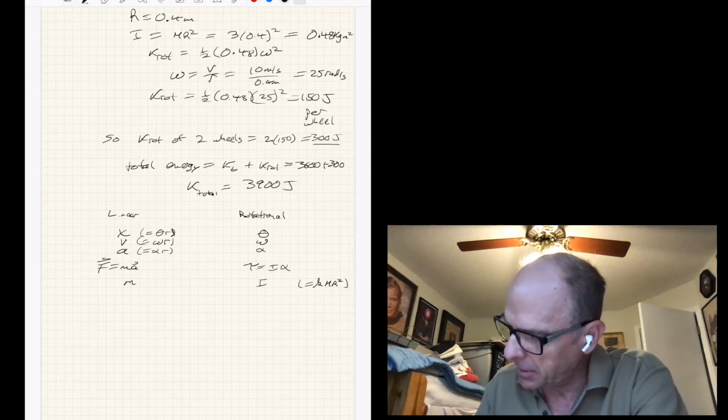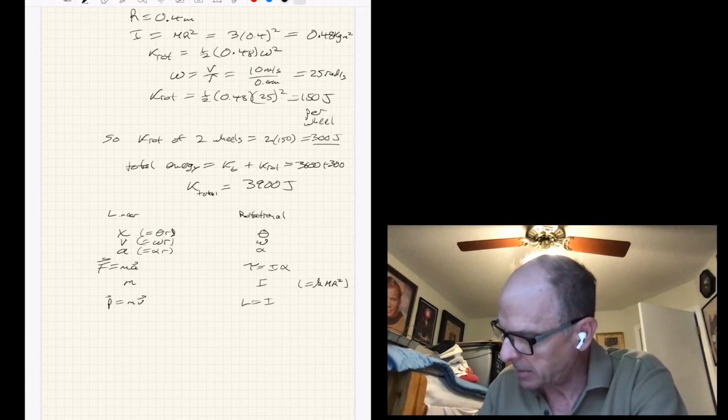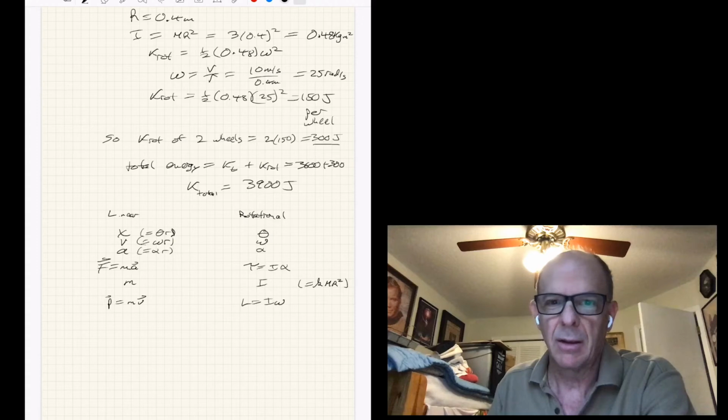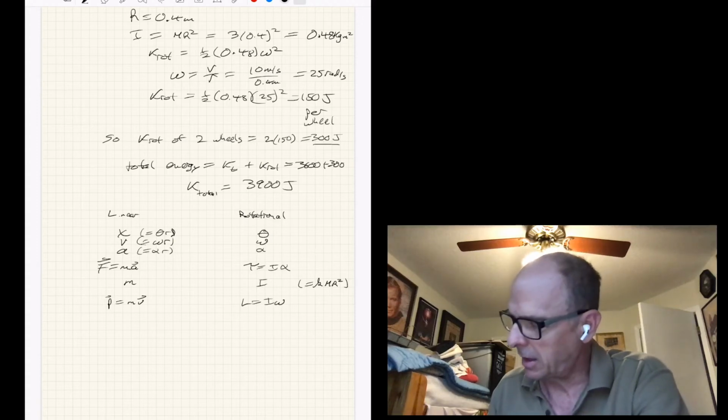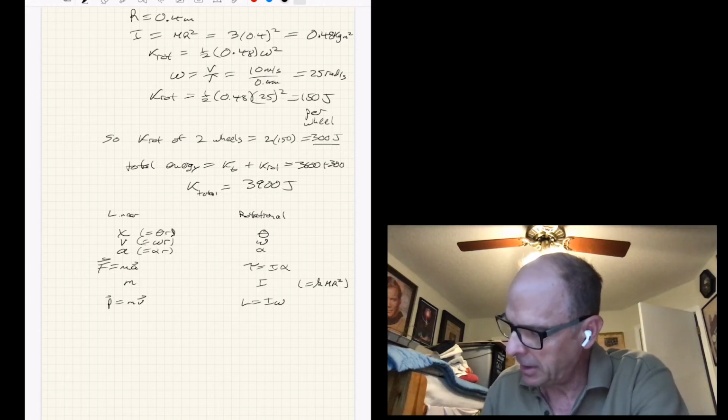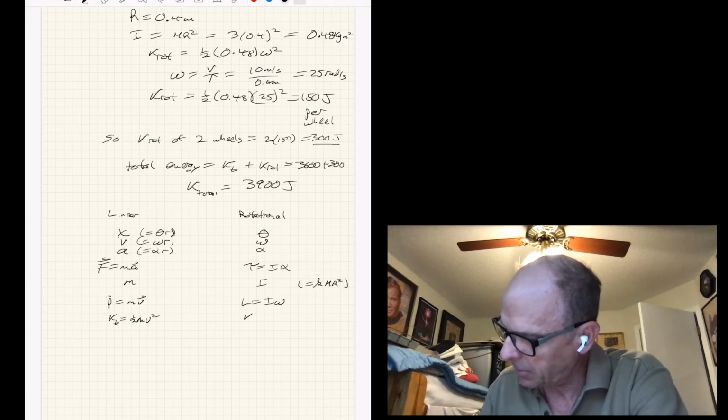We have linear momentum P equals m times v, and we have angular momentum L equals I times omega. Again, just replacing the mass with moment of inertia, the v with angular velocity. And now we have translational kinetic energy is 1/2 mv squared, and rotational kinetic energy is 1/2 I omega squared.